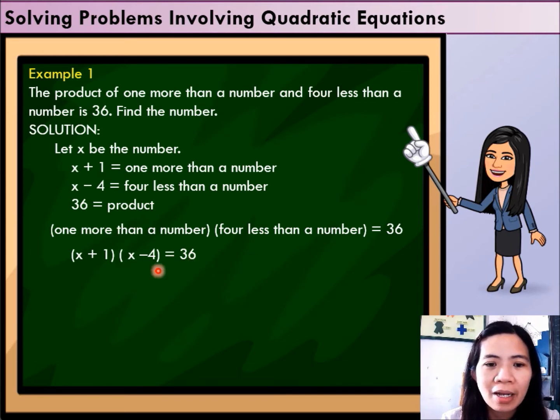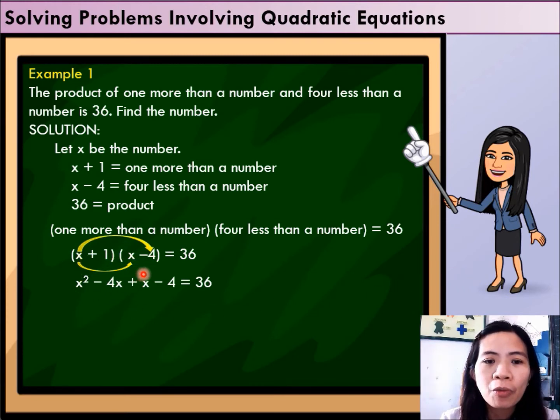Okay, so this is now our equation. Using the FOIL method, we have x times x, it is equal to x squared. Then x times negative 4 is negative 4x. And then we have 1 times x, it is positive x. And then the last term, 1 times negative 4 equals negative 4, equal to 36.